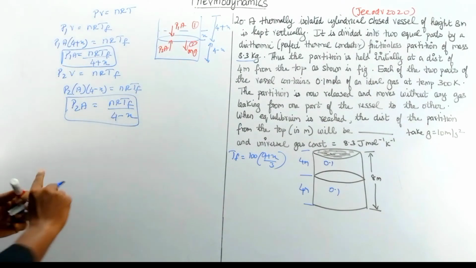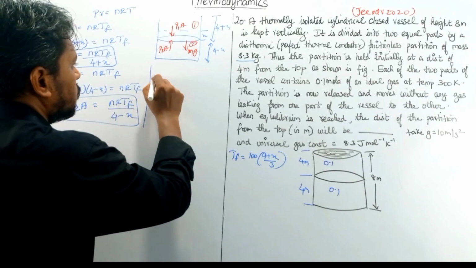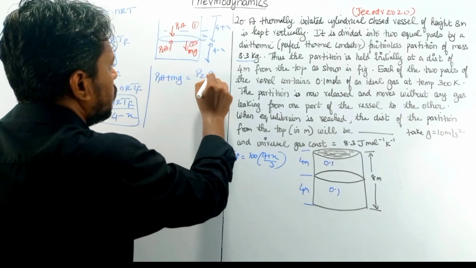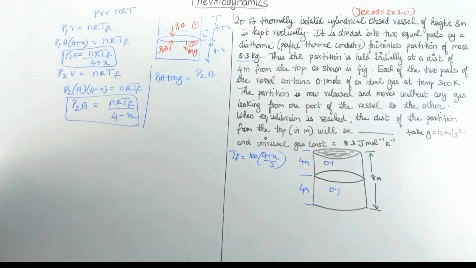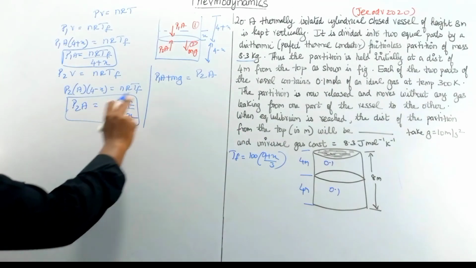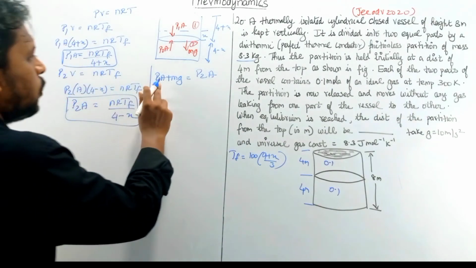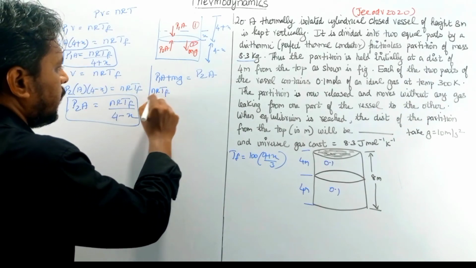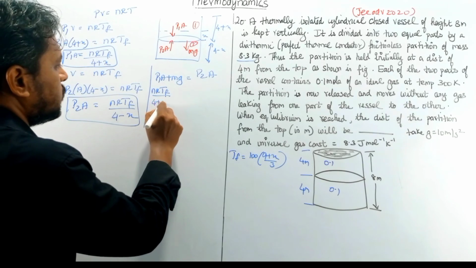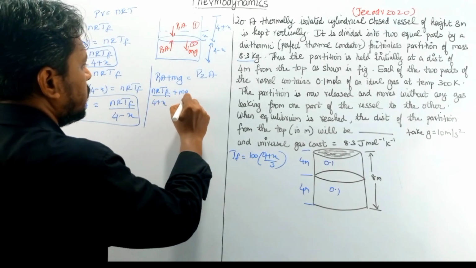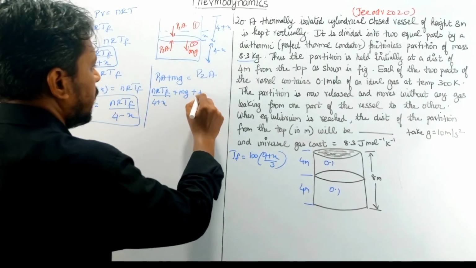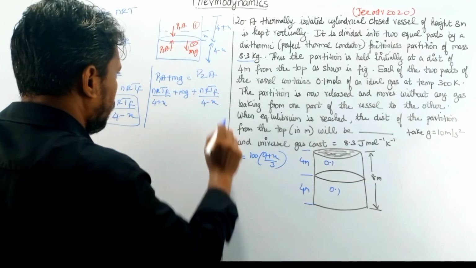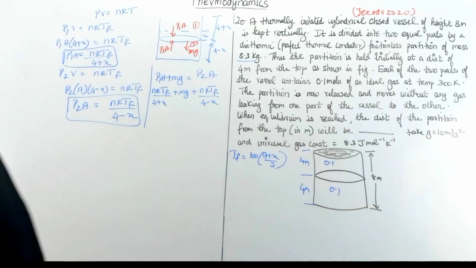So from this we can write P1A plus mg is equal to P2A. Now replace this equation with this equation. Instead of P1A we can write nRTF by 4 plus x, plus mg, is equal to P2A, which is nRTF by 4 minus x.